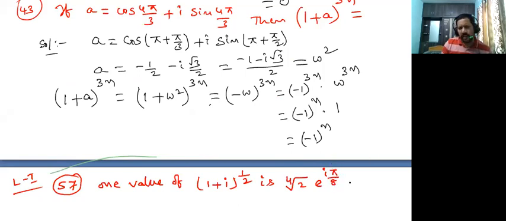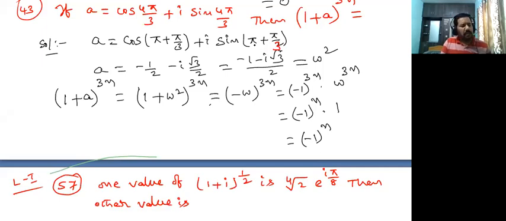Then the other value is... here is a small correction, I wrote pi plus pi by 2 by mistake, it is pi plus pi by 3.